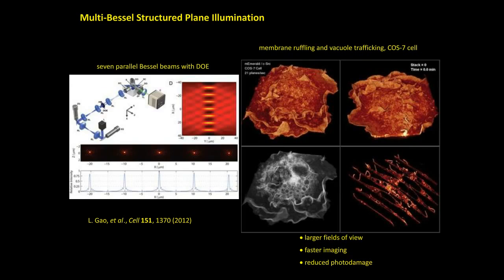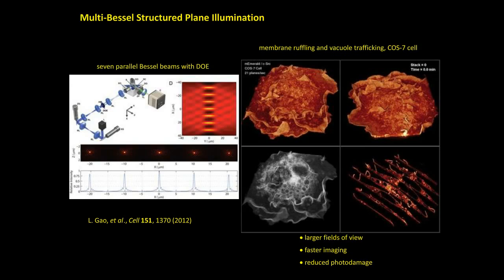If you look at the intensity plot in the left panel, you can see all the different Bessels. The distance separation is around 10 microns from each other, so there is no interference between them. These are all 7 identical Bessel beams.